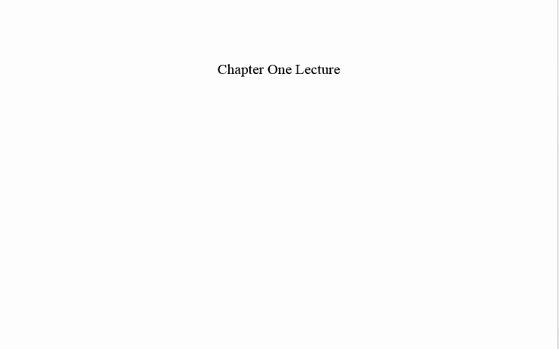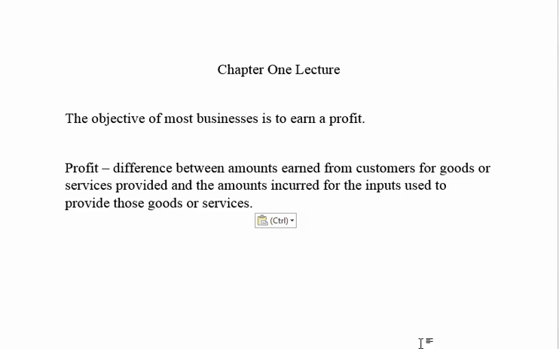Now, your text also gives you a definition of profit, and here in Chapter 1, I don't feel like that's the best accounting definition of profit. So let's look at one of those. Our accounting definition of profit is the difference between amounts earned from customers for goods or services provided and the amounts incurred for the inputs used to provide those goods or services.